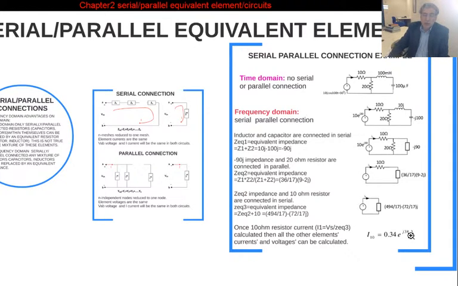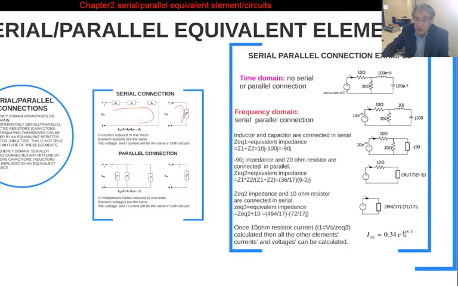So you might say that we have found only one current phasor in this domain using the serial parallel connection example, but in analysis we need to find all the elements' currents and voltage phasors. We haven't found that yet. What we are saying is, once you have found the phasor of this 10 ohm resistor current, you can find all the elements' currents and voltages.